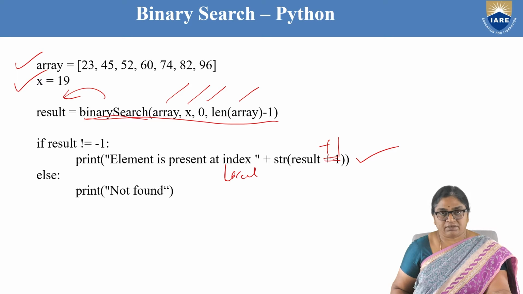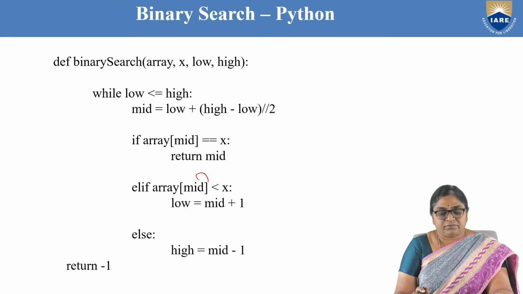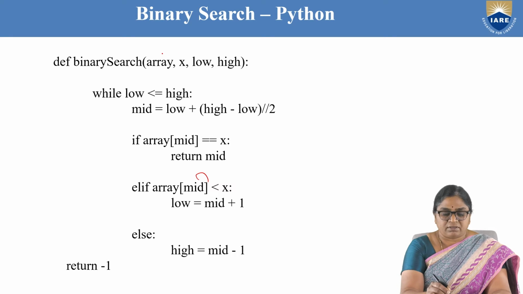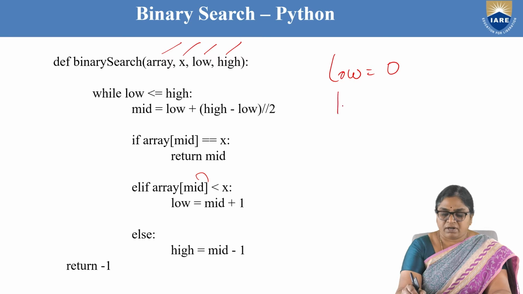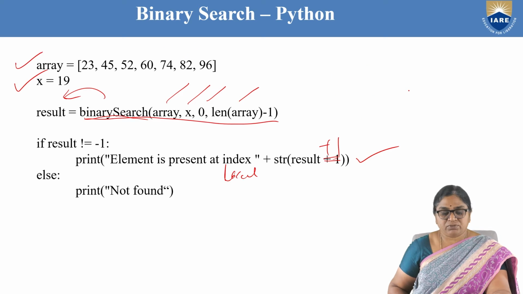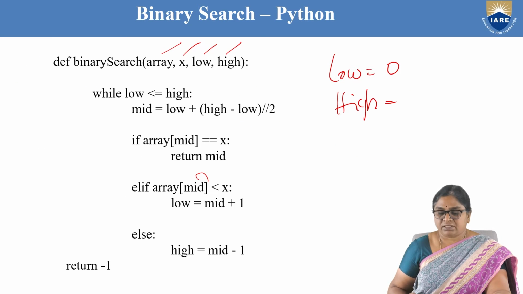So this is the driver code, and now we will try to write a definition for binary search method in the next slide. Here, in the binary search method, the arguments are array, the key element, low and high value. Low is 0, and high is equivalent to length minus 1. How many elements we are having here? 7 elements. So, high is equivalent to 6.